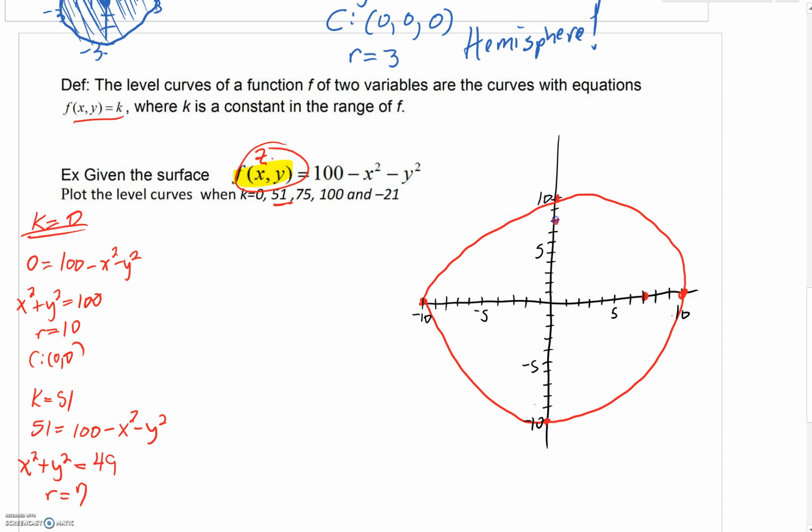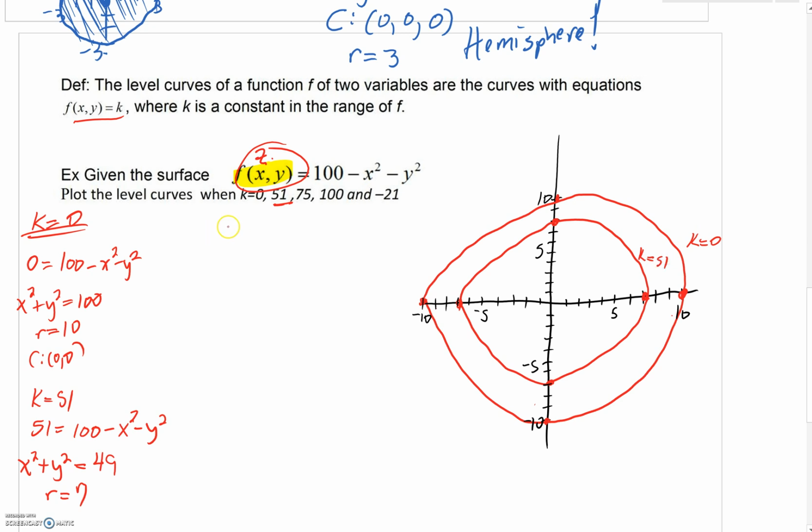So we could very quickly get this thing graphed out, and you can see here's a circle, and it's looking just a little bit smaller. And by the way, this would be when k equaled 0. This right here would be when k equaled 51.